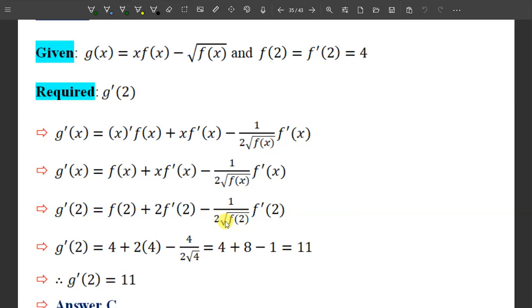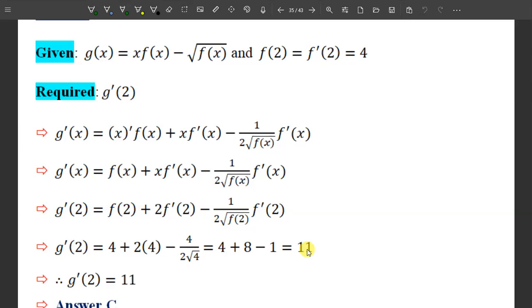Since 4 is a perfect square, we can take it out from the square root, it becomes 2. 2 times 2, then we have 4. 4 divided by 4 gives us 1, and also 4 plus 8 gives us 12. 12 minus 1 is equal to 11, and therefore g prime of 2 is equal to 11.